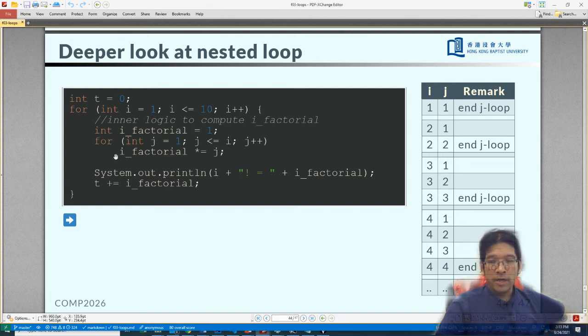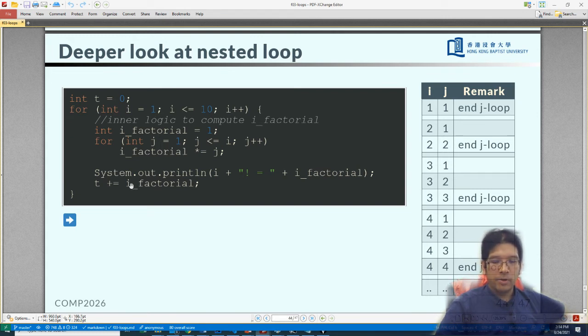So we're going to execute the loop body again. That becomes 3 times 2, that will be 6. And 6 will be assigned to i factorial. So we print the value of i factorial, that will be 6. And then we put this 6 into the sum t.